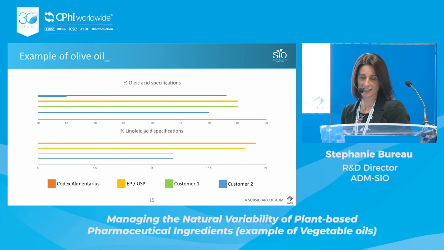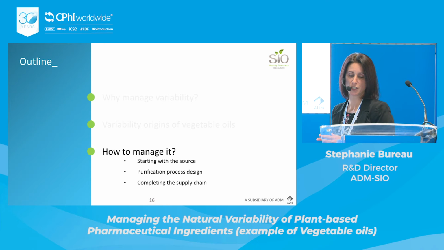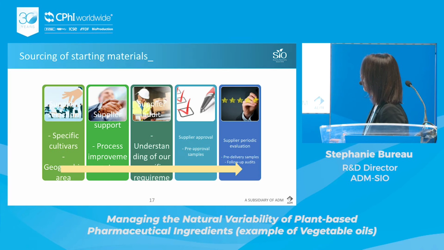Now let's have a look at how we manage that variability from the raw material to the finished product to guarantee the consistency of our pharmaceutical ingredients. So first, and a major important step in this management is the sourcing of the starting material.